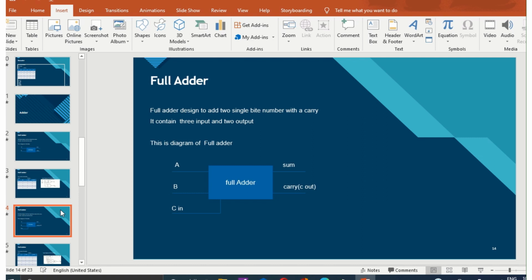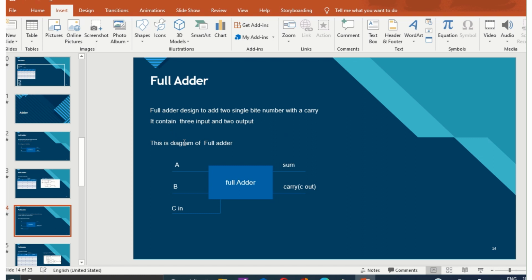Next I am going to see the full adder. A full adder is designed to add two single bit numbers with carry. This contains 3 inputs and 2 outputs.